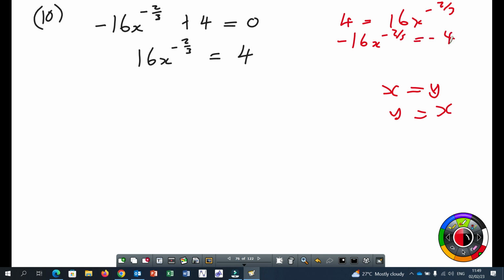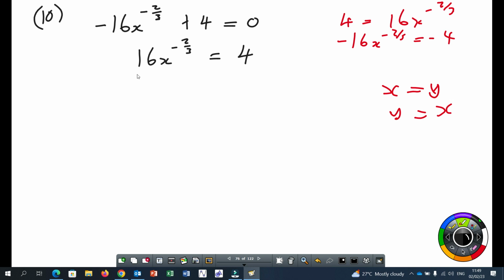These two negatives will cancel out. So from now on, please be aware that if x is equal to y, it means y is equal to x. Alright, let's carry on.